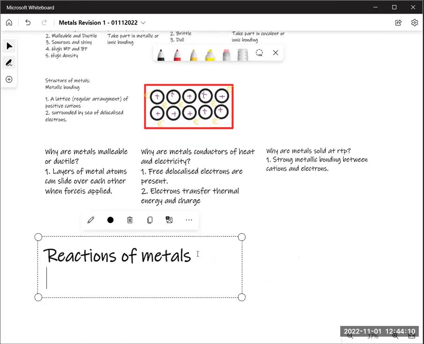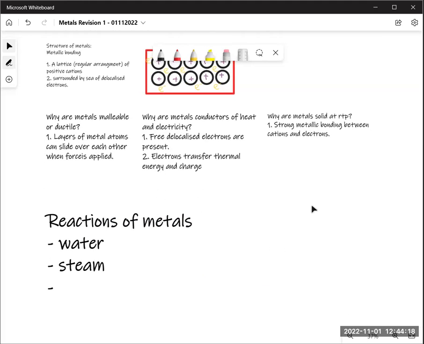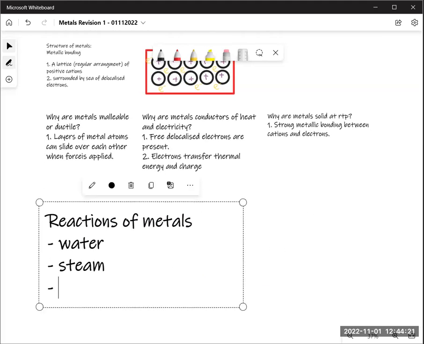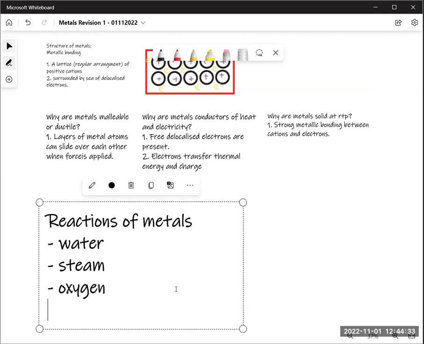The reaction of metals are with a few things. Firstly, with steam, water, with oxygen, and with dilute acids.